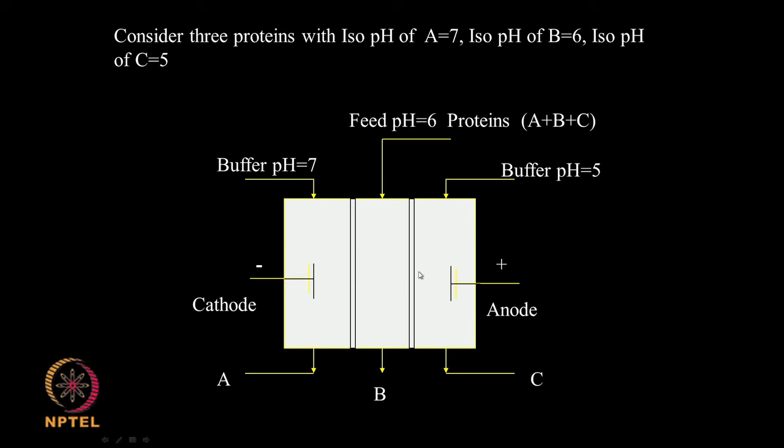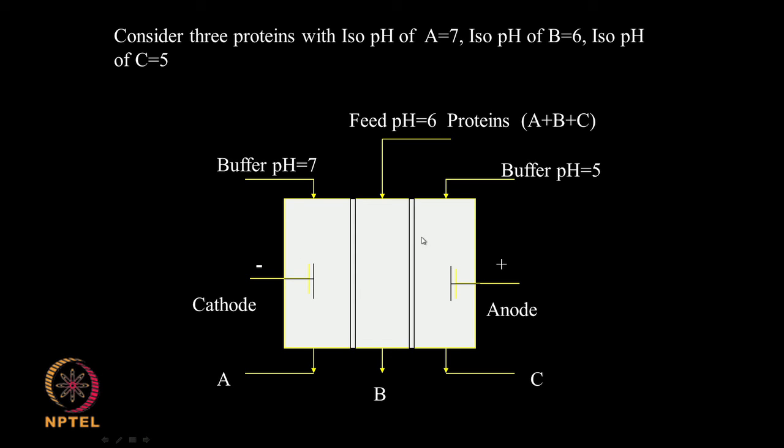Protein C will try to move to this compartment, and once it moves the charge gets neutralized because isoelectric pH matches with the pH of 5. Same thing happens, protein A will move here, and once it moves here the isoelectric pH matches with the pH 7. Okay. So, protein A gets separated in the compartment with pH 7, protein B will pass through because this is pH 6, and protein C will have the compartment where pH is 5. So, this is how you separate.